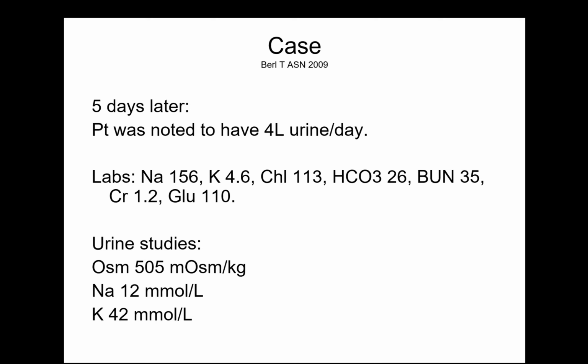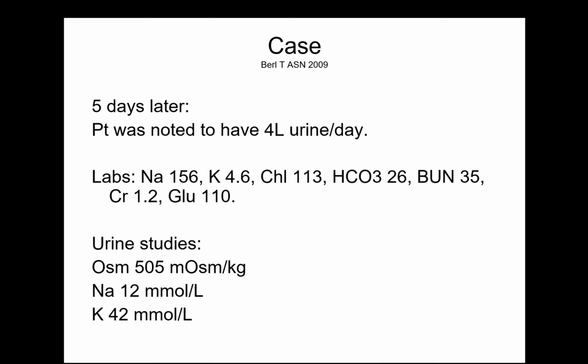We do look at urine osms, and we go more by how many milliosms the patient is putting out in a 24-hour period, because that's where our standards come from. Average osmolar intake in this country, and I guess in most parts of the world, is about 600 to 900 milliosms per day.